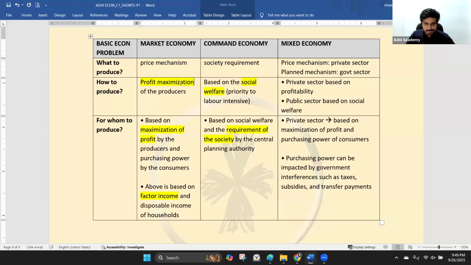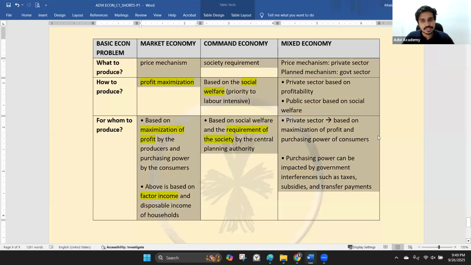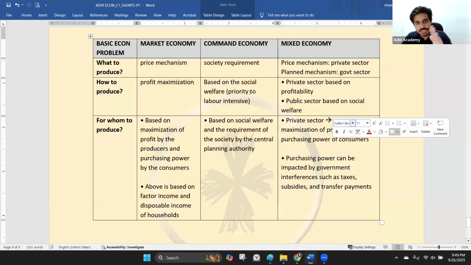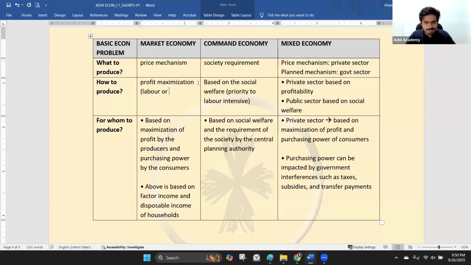If we can use machines and get the highest profit, we will use machines. That is what market economy says, right? If we can use labor and get the highest profit, we will go with labor. Labor or capital is okay, no problem, as long as whichever gives us the profit, we will go there. That is about the market economy. Okay.